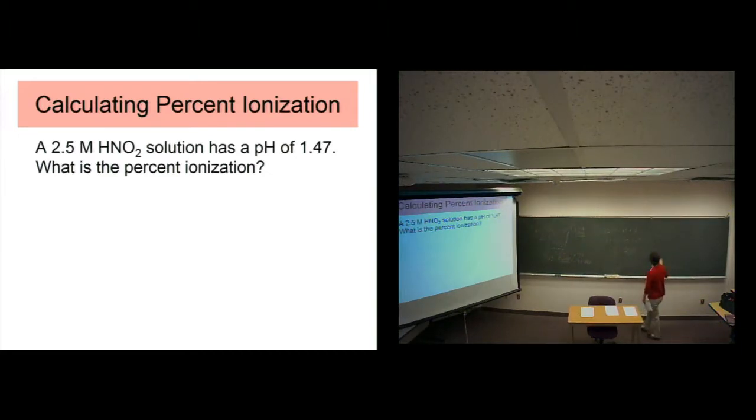If I'm talking about acid strength here, then I'm talking about the hydrogen ion. So percent ionization refers to percent ionization of the hydrogen ion. The hydrogen ion is my part, so my part is going to be the concentration of the hydrogen ion.